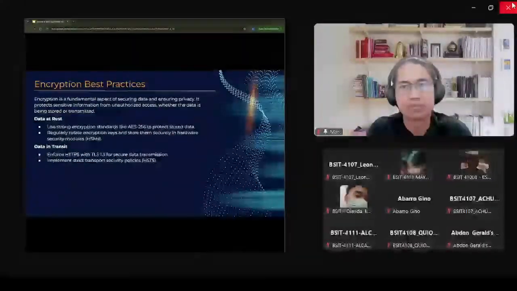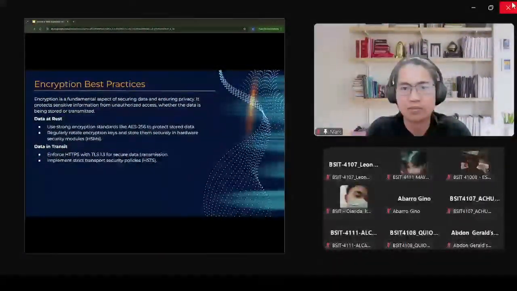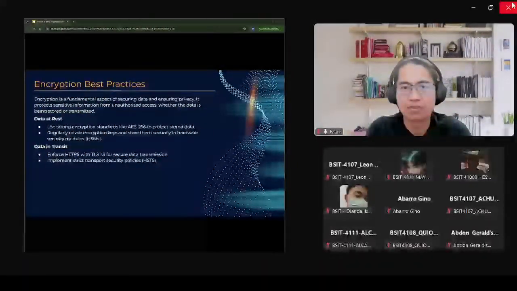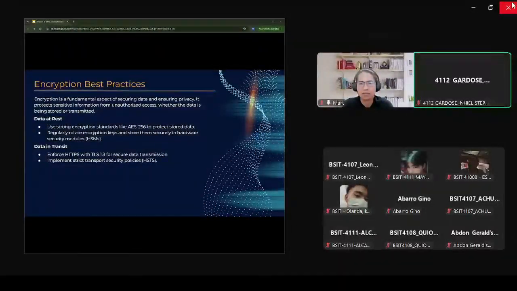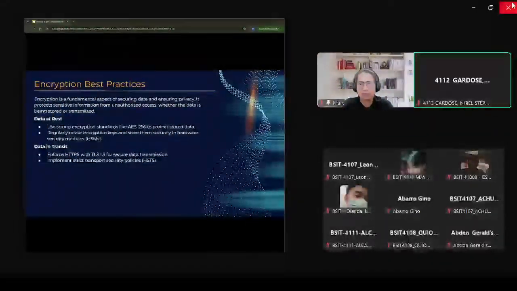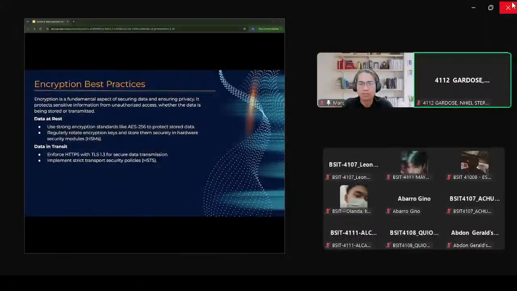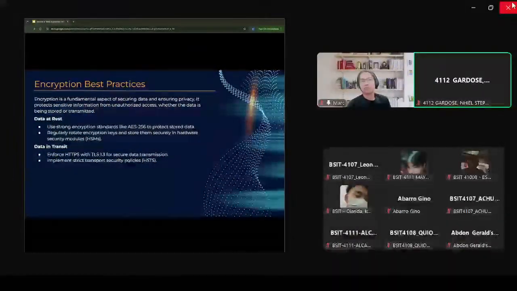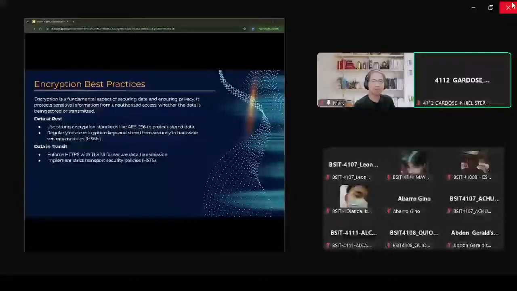Encryption is a fundamental aspect of securing data and ensuring privacy. It protects sensitive information from unauthorized access, whether the data is being stored or transmitted. In today's digital world, encryption is crucial for maintaining the confidentiality, integrity, and authenticity of the data across various channels such as online transactions, communications, and personal data storage.